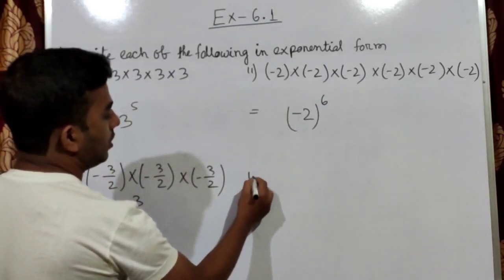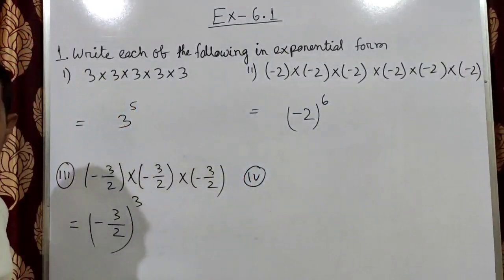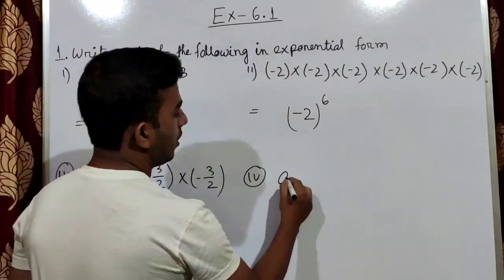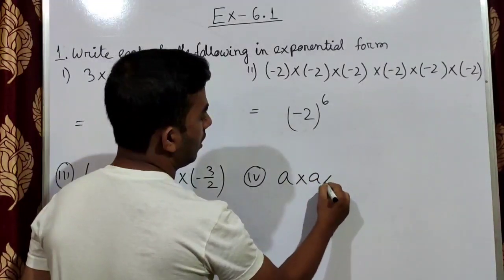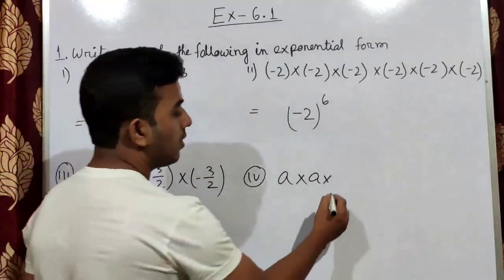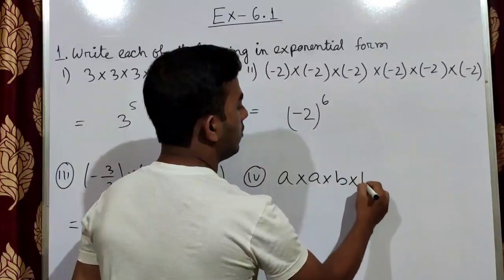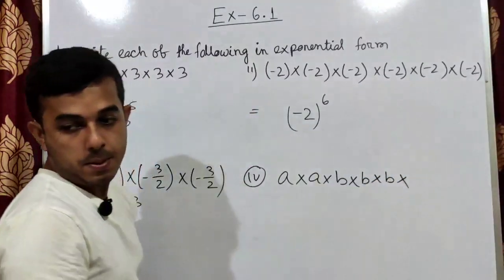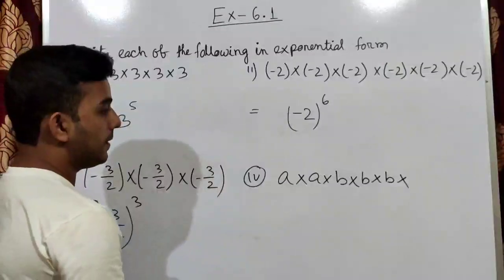Now the fourth question is a into a into b into b into b into c.